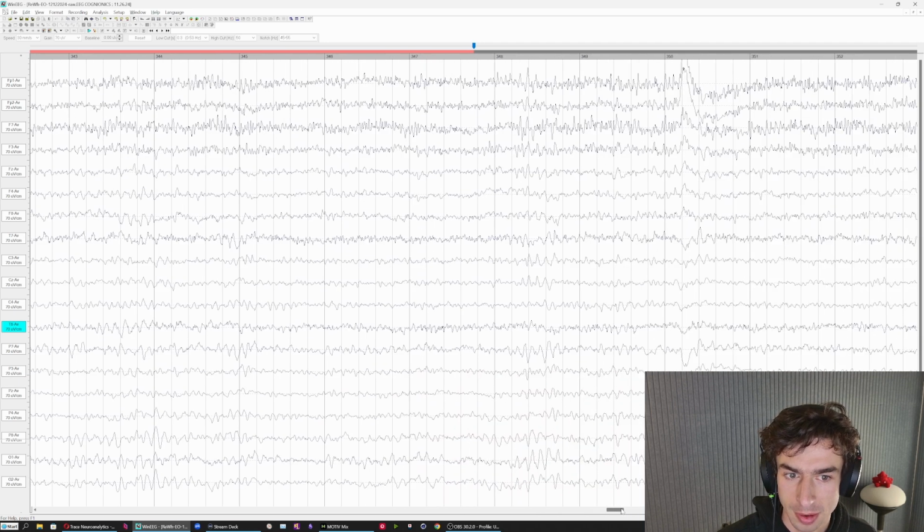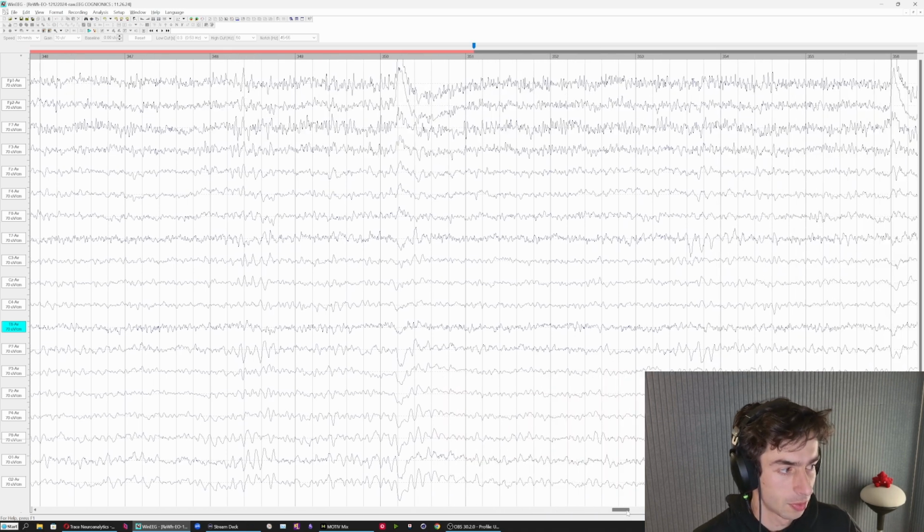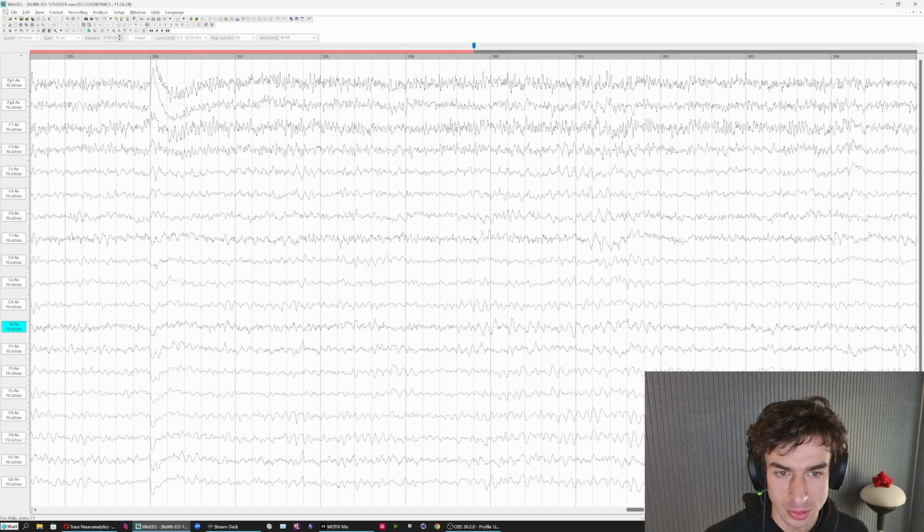And generally a fast background rhythmicity. When the background isn't really in the alpha range, it tends to be faster than that.